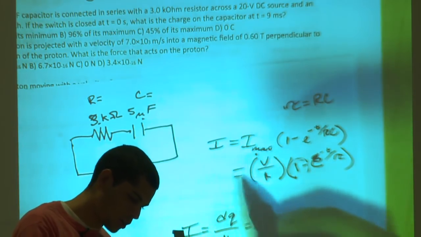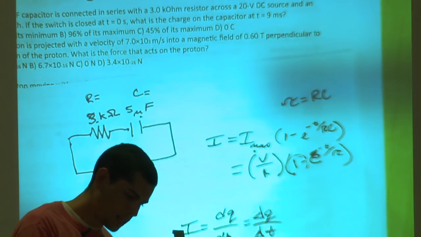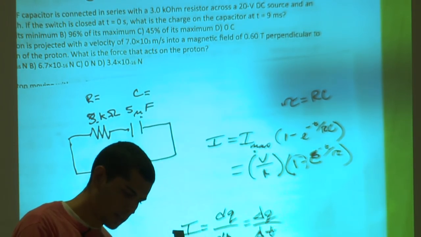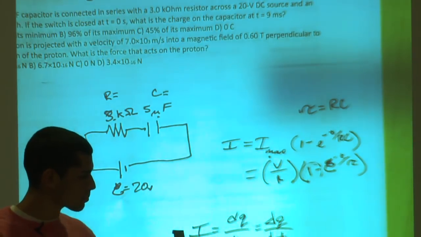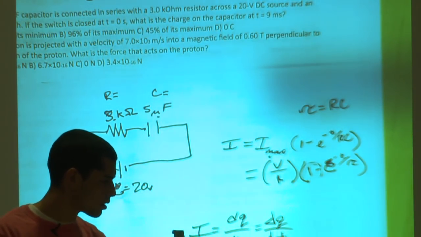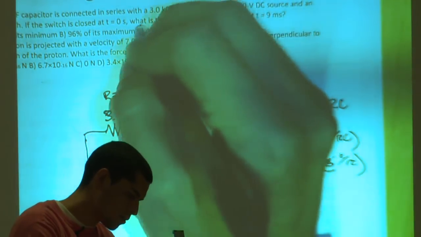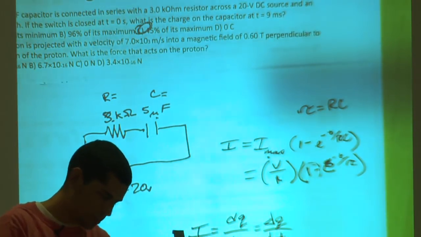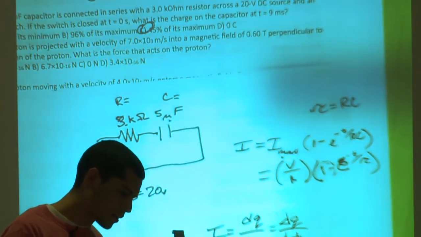So then the charge q will be t times V over R times 1 minus e to the negative t over RC. And if we plug this in, we get 45% of its maximum. So this would give us a specific value.